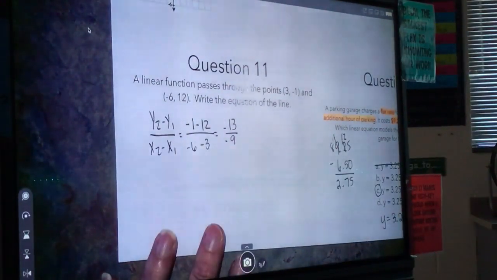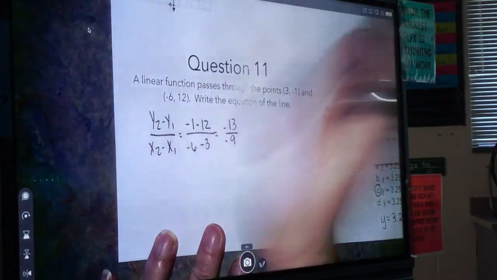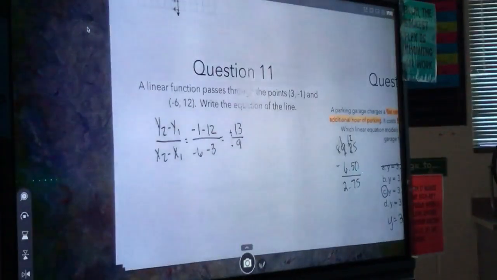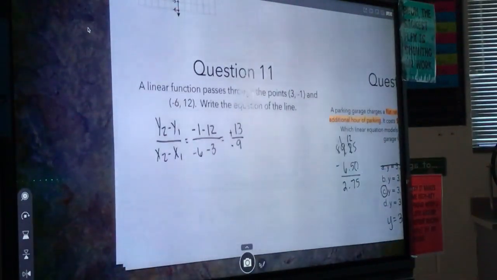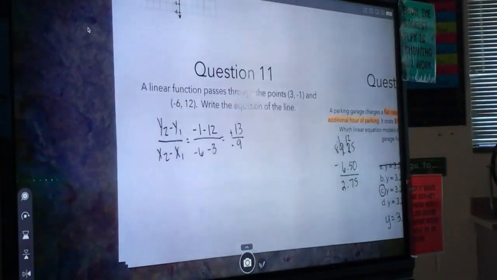I got positive 13, I know there's too many positive 13s. So you end up with negative 13 over 9. You can't have one part of it be positive, one part of it be negative.